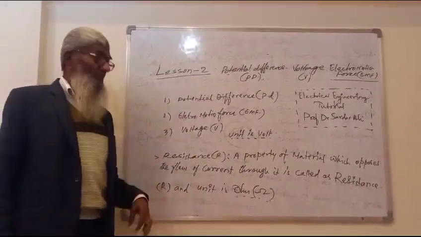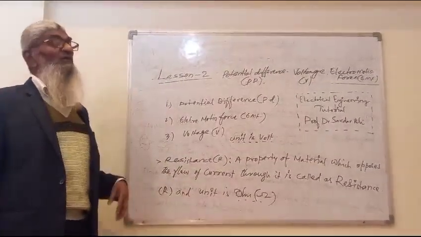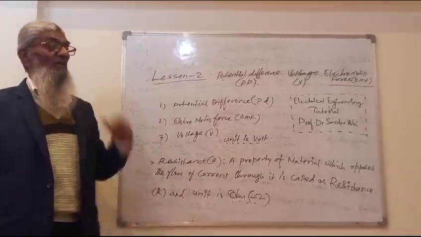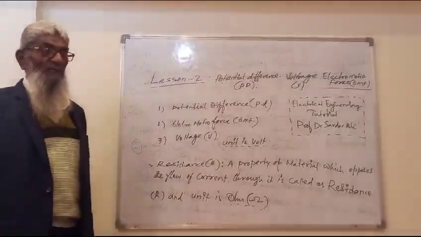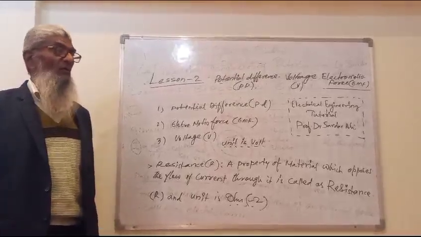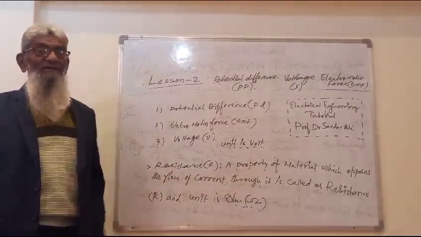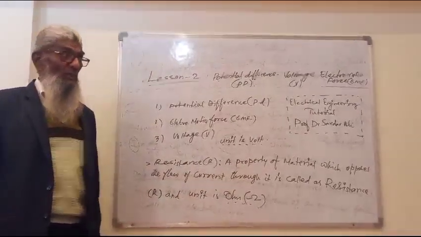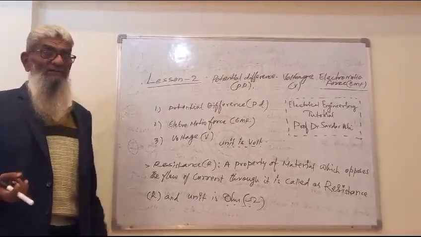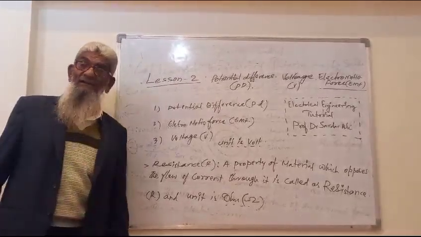A part of that electromotive force, if it is taken for the specific use, will be called the potential difference. For example, we are charging our mobile. Mobile requires 3 volt or 1.5 volt, whereas the charger is taking the voltage of 230 volts. So inside the charger, you will have a reducing technique.